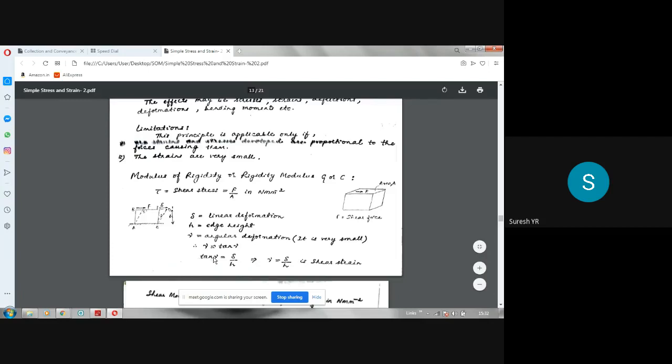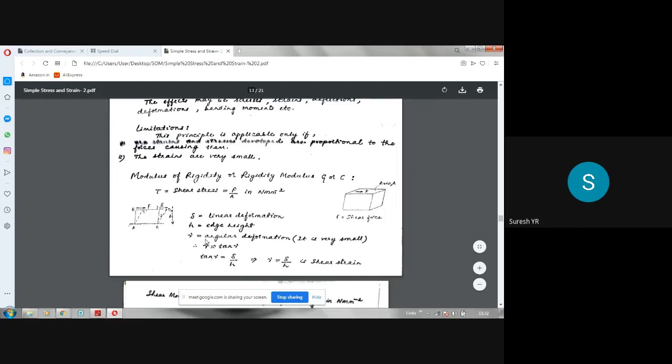So tan gamma will be taken as equal to gamma. When gamma is very small, gamma can be equated to tan gamma, which is given by delta by h. Since tan gamma is equal to gamma, gamma can be written as delta by h.